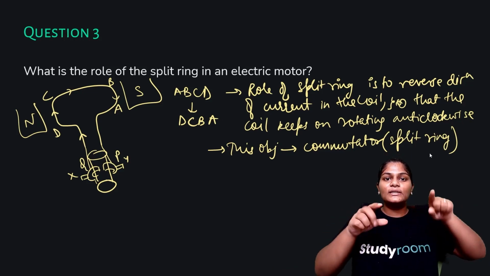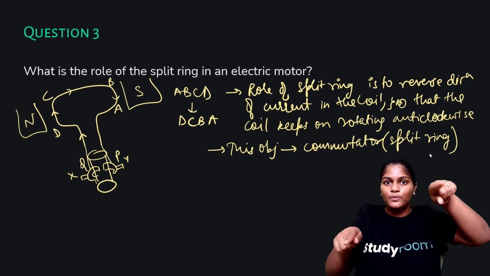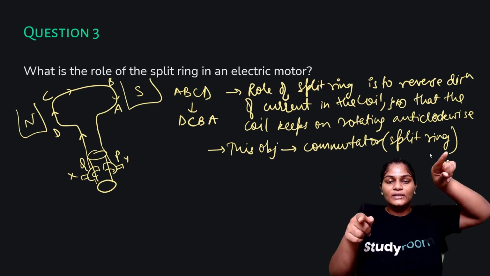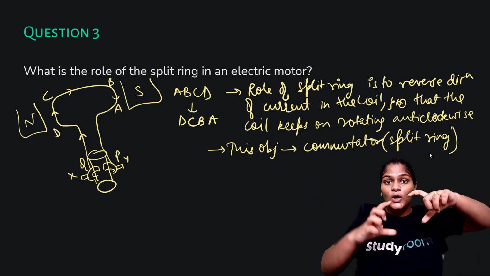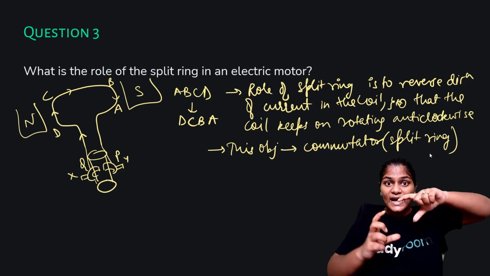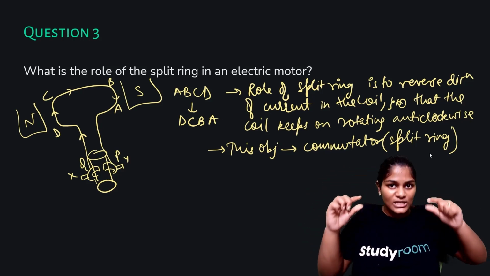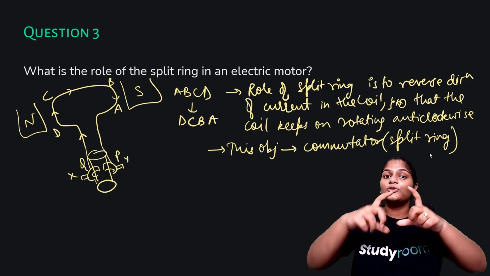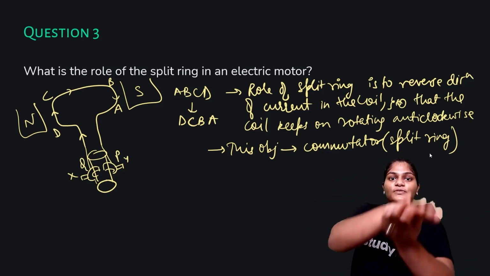Because the force experienced by AB in case 1 was downwards and CD was upwards, we see that the coil moves like this. And the coil moves because the split rings that it's attached to also move. So X and Y are stationary brushes. Split rings are free to move across the axle. So they move and change the direction of the coil, right?